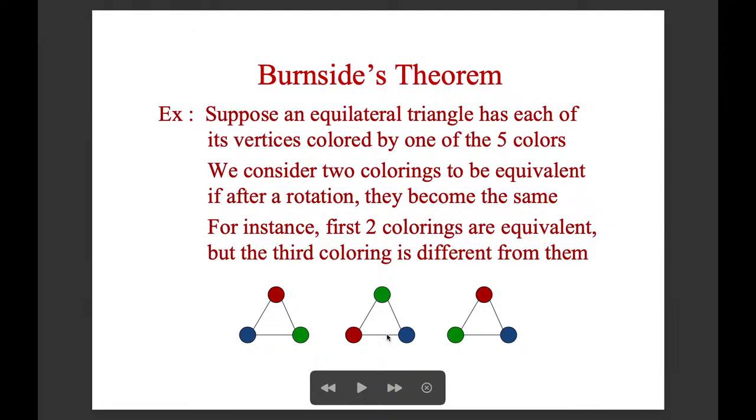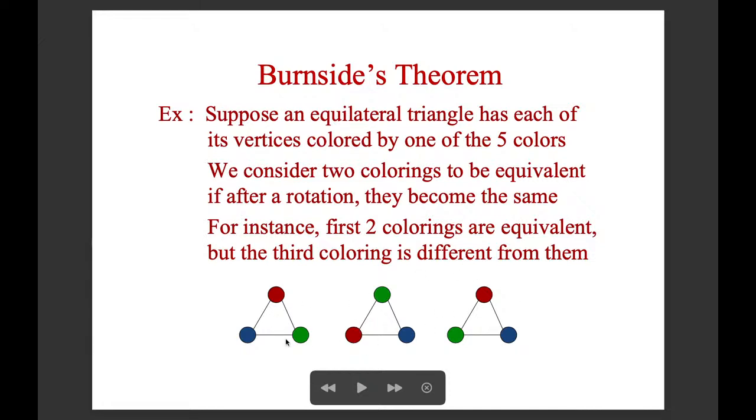So this one and this one will be the same because we can transform this one to this one using an anti-clockwise 120 degree rotation. Or this one and this one are equivalent because you can do one more 120 degree rotation. Sorry, I made a mistake.